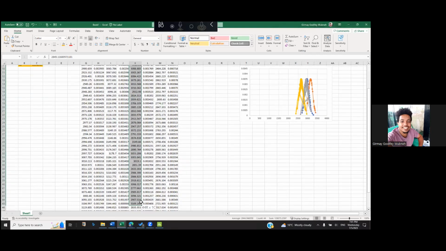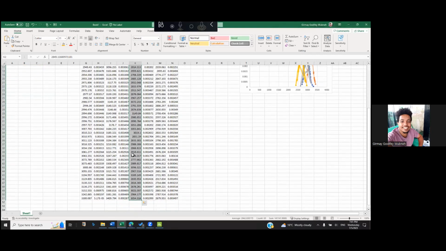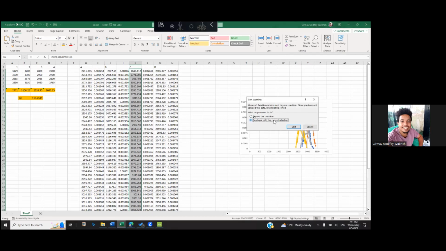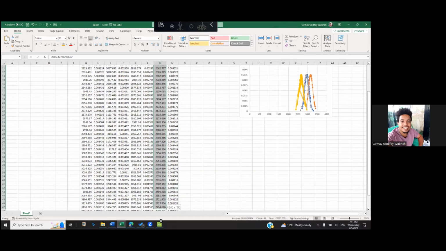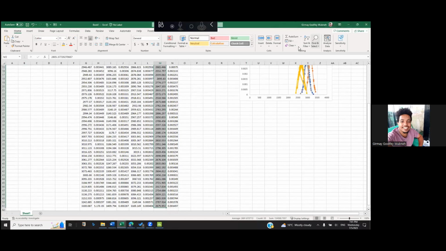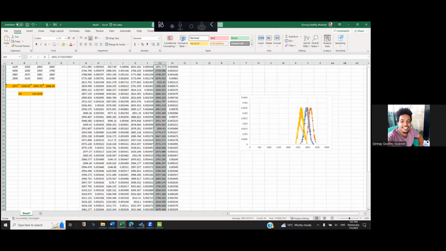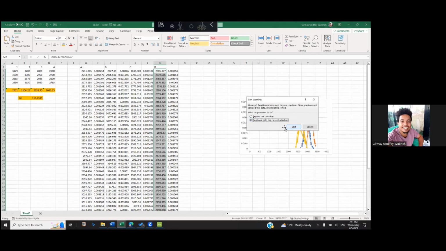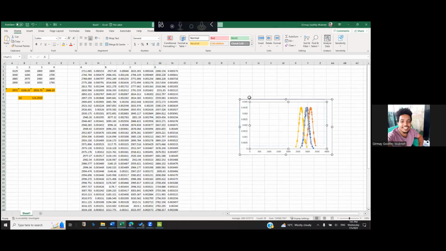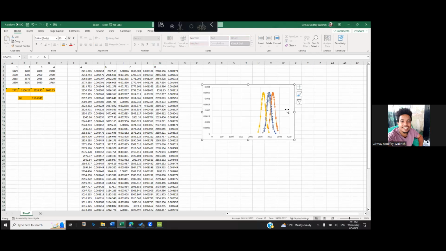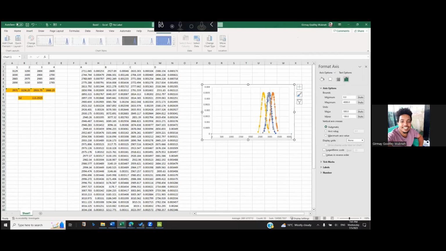Next. The randomly distributed data is not sorted like in Minitab, so we sort and get the graph. To make the numbers more clear, let's click here.